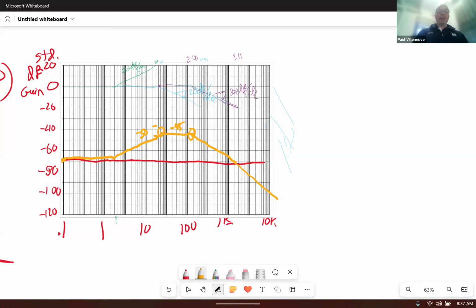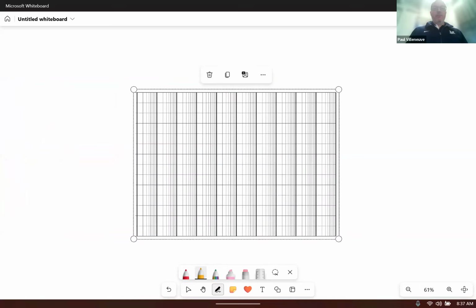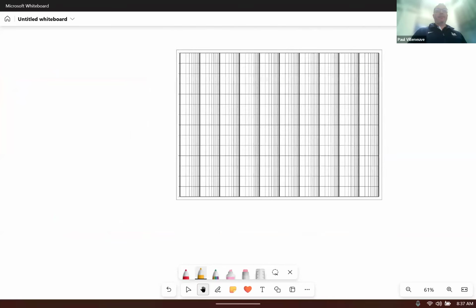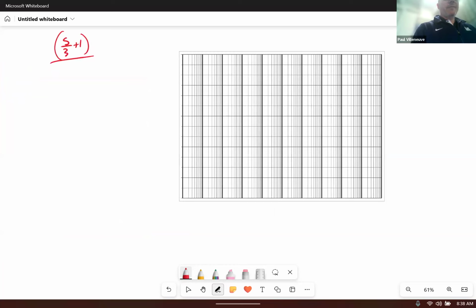I still have to do phase. So I'm going to plop that in over here. And it's the same concept. So let me go ahead and write the original transfer function kind of converted. All right, so scale factor, I don't even have to include when I do my phase plot because it doesn't contribute anything, right?